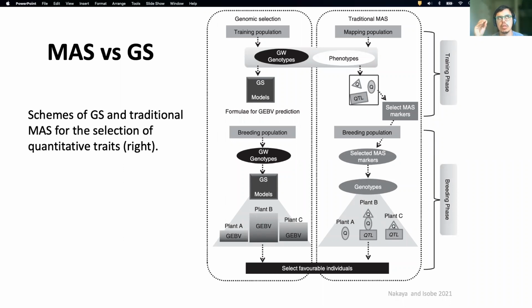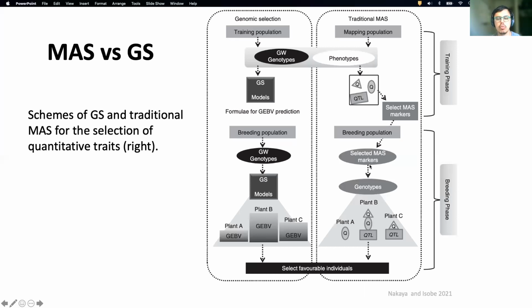So when you want to identify the physical region in the genome that has association with the phenotype, those regions are the QTL regions. And then with that information, you are going to design some primers that you can use in your lab to amplify those molecular markers.